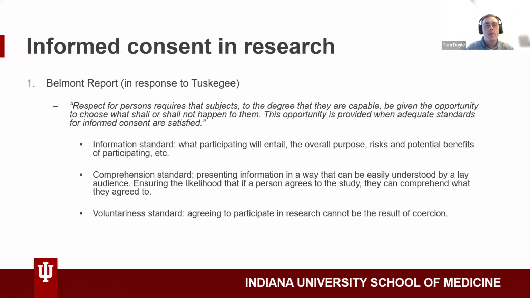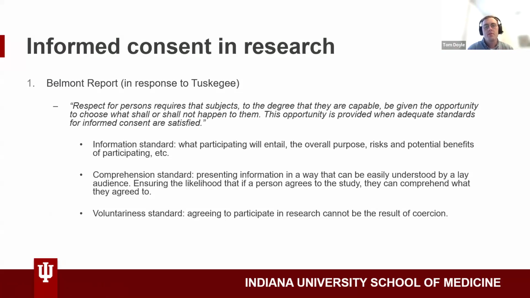So to start the picture of broad consent, I think we really have to start with what informed consent is. Informed consent, as most folks will know, comes out of the Belmont Report.